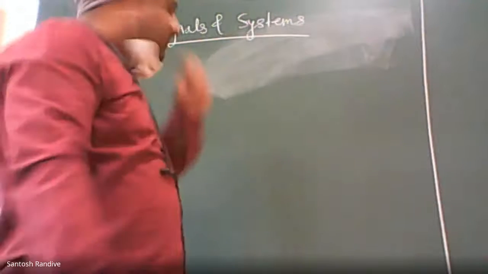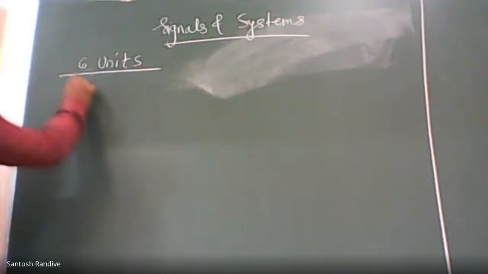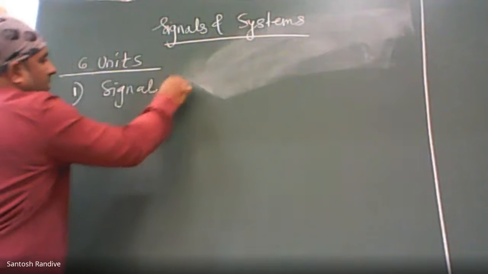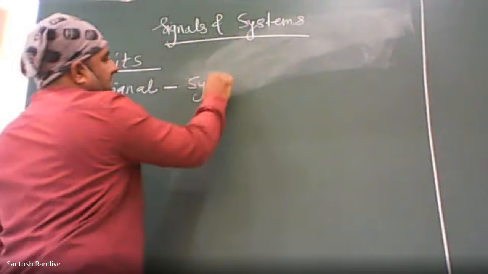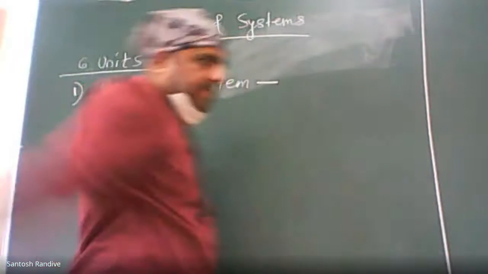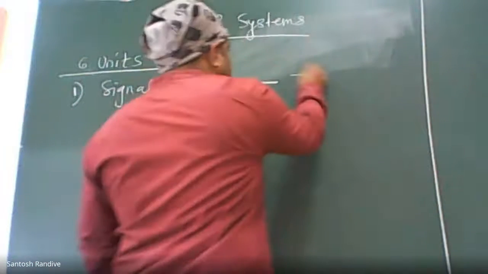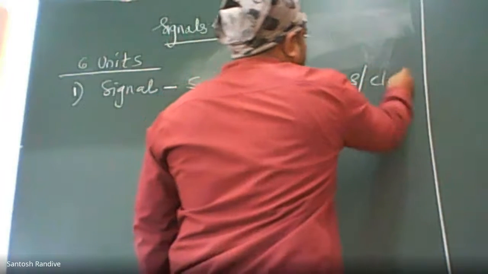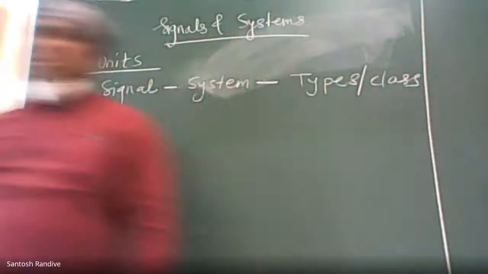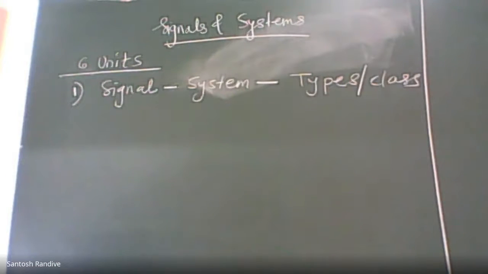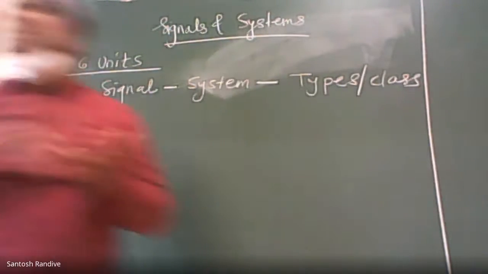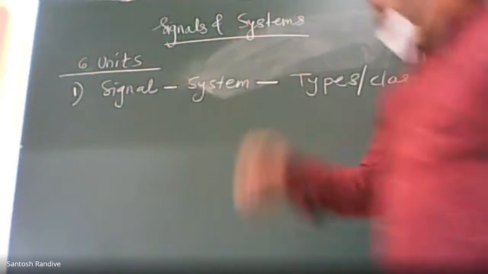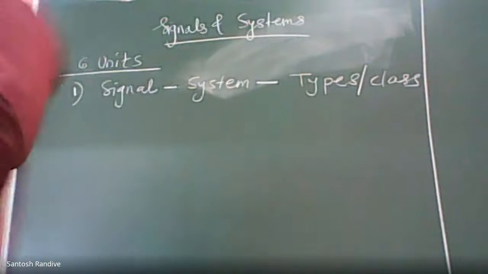In the first unit, you have to see the meaning of signal, the meaning of system, and the types and classification of signals and systems. So basically, this is the introductory unit for signals and systems.